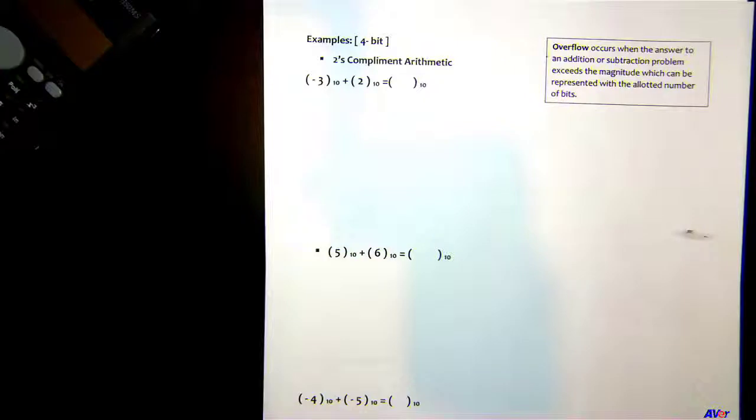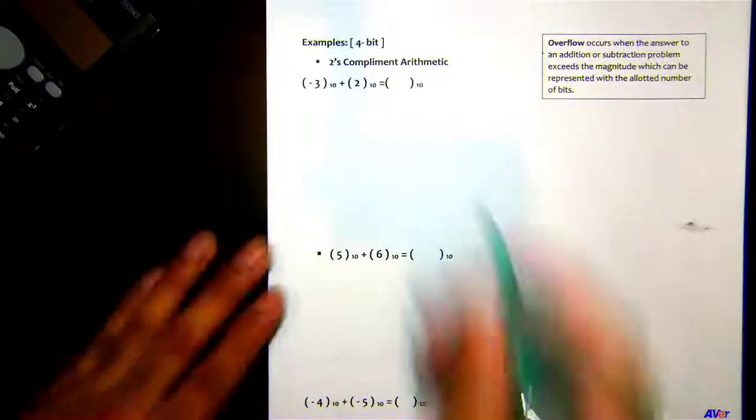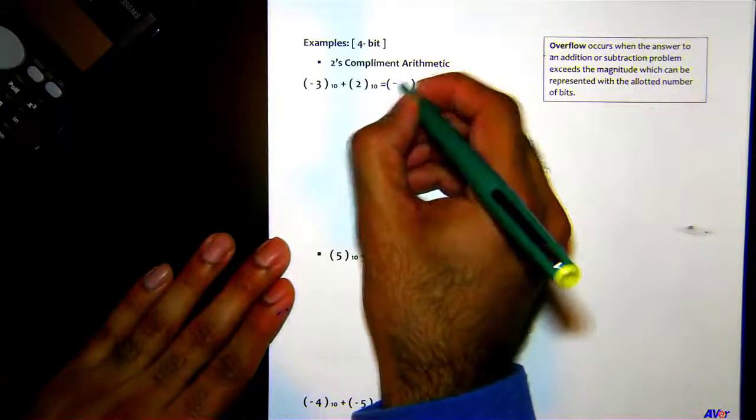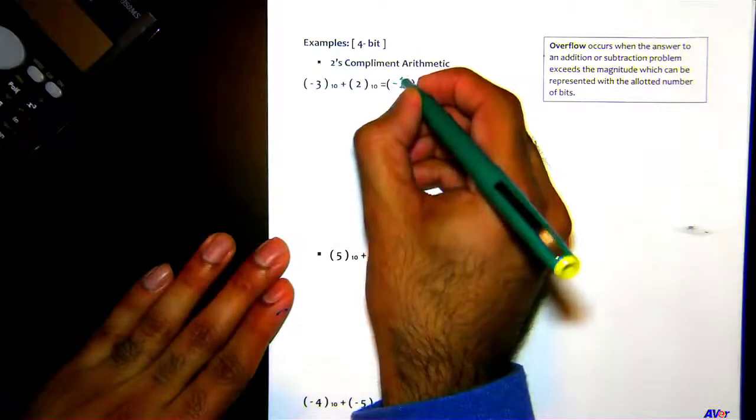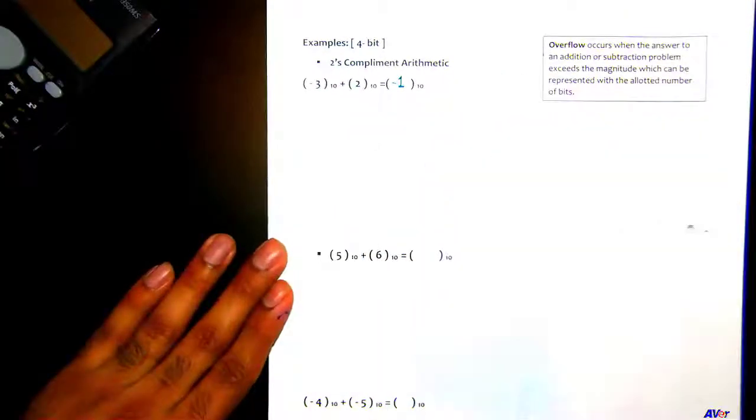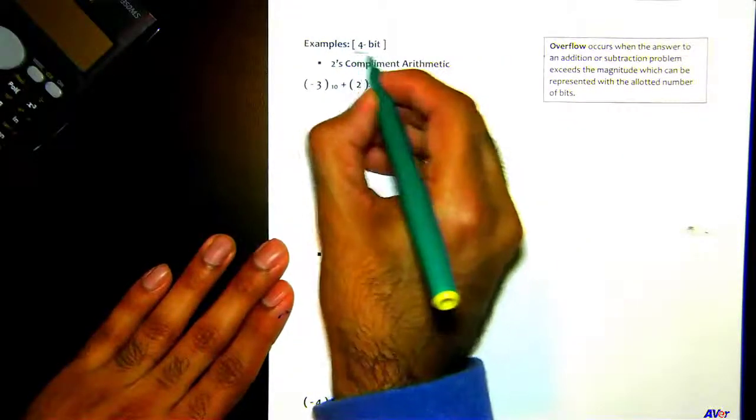Okay, here's a little bit more definition of it. Overflow occurs when the answer to an addition or subtraction problem exceeds the magnitude which can be represented with the allotted number of bits. Okay, right. -3 plus 2, and we would know we should get -1. This is the answer we are looking for. It's a 4-bit system.